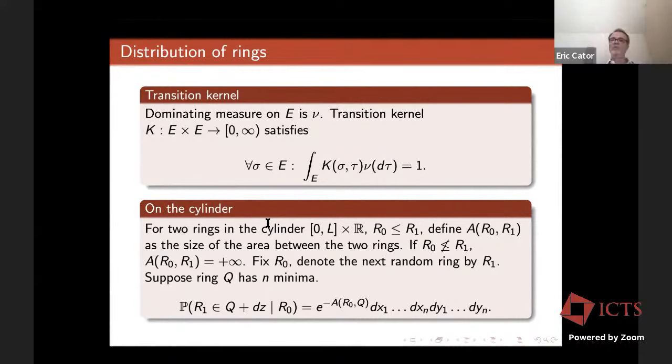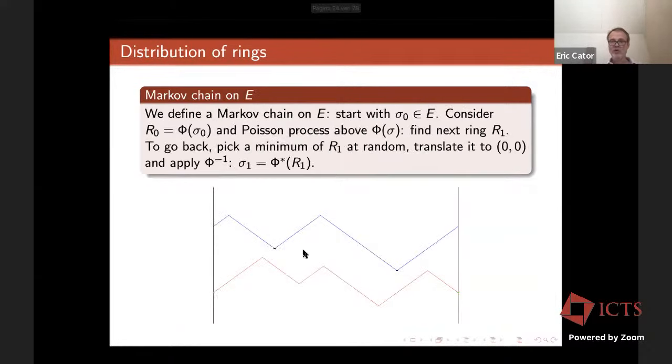So we consider the cylinder, and we have 2 rings, R0 and R1. And in principle, R0 is below the new ring R1. And I define A of R0 and R1 as the area between the 2 paths. So here's R0, here's R1.